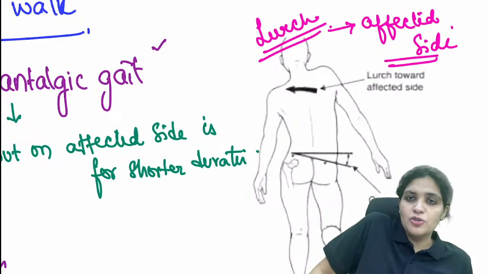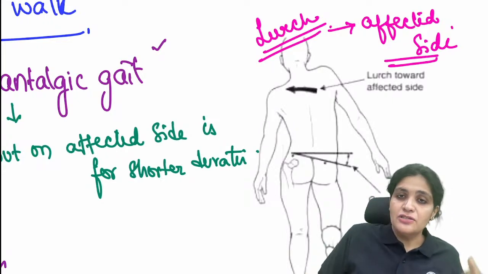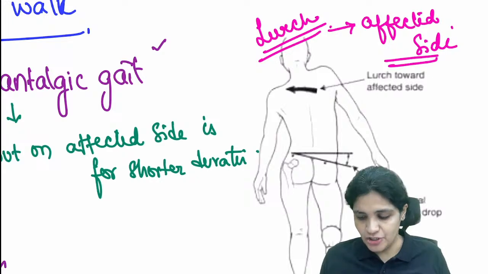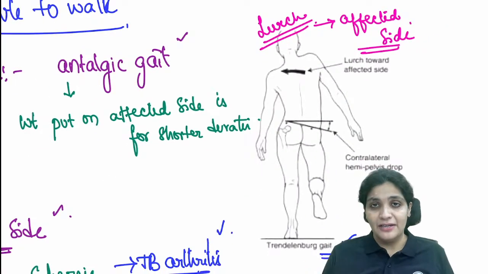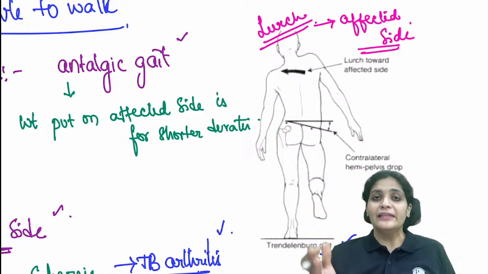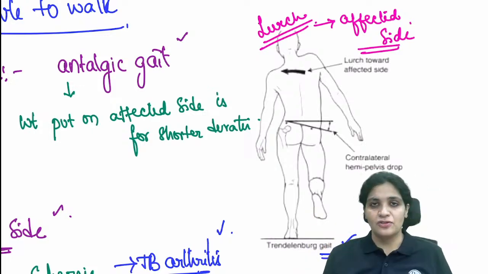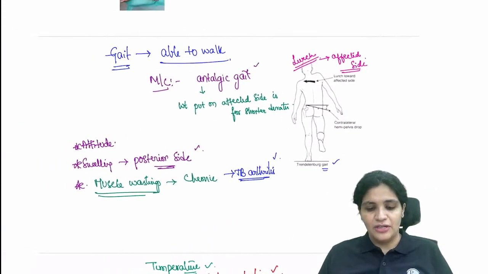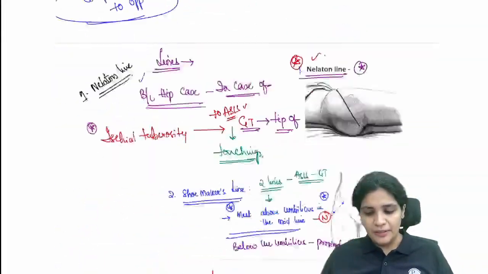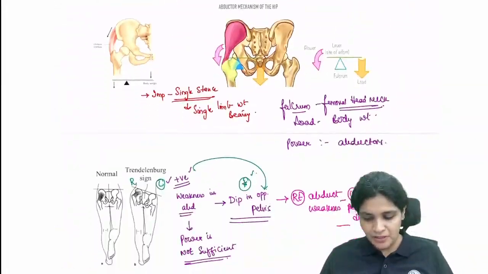So he will elevate the shoulder on the opposite side, and similarly they will be bent on the affected side. So this is called the lurch. This is called the Trendelenburg gait. So contralateral, that is opposite hemipelvis dip with the lurch on the same side, that is your Trendelenburg gait. So that is your Trendelenburg sign, and this is your Trendelenburg gait. Have to remember these two things.